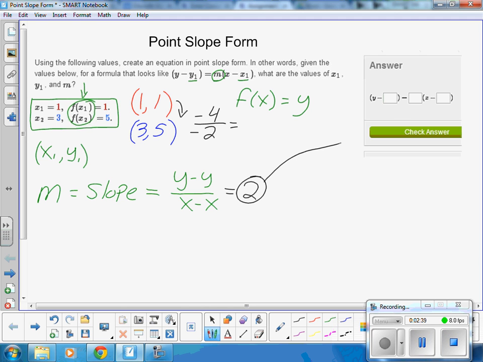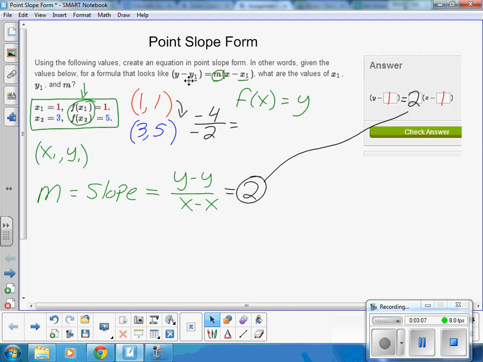That value will go in here, 2. This is an equal sign. I know it doesn't look like it, but that's an equal sign. Then using my red point, y1 is 1 and x1 is 1, and that would be your answer. Okay, a lot of information there.